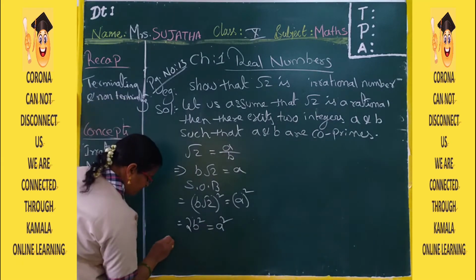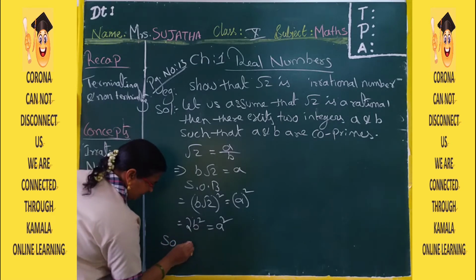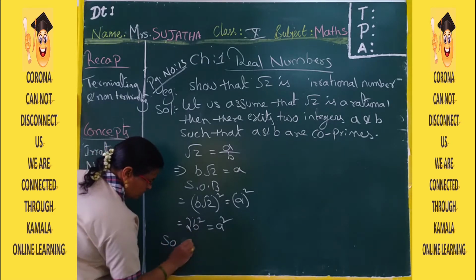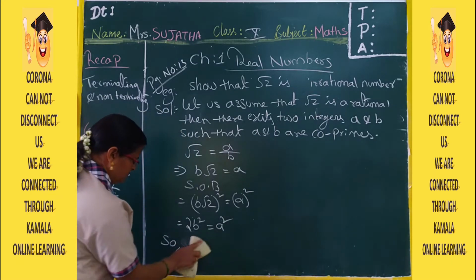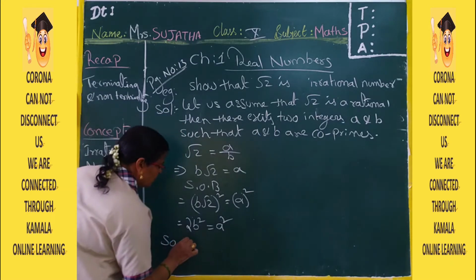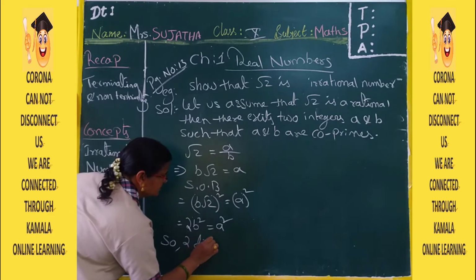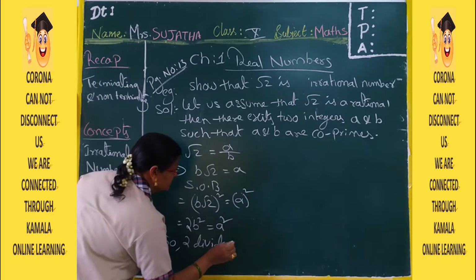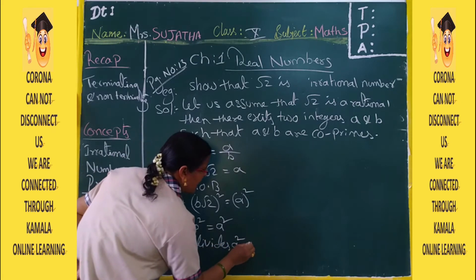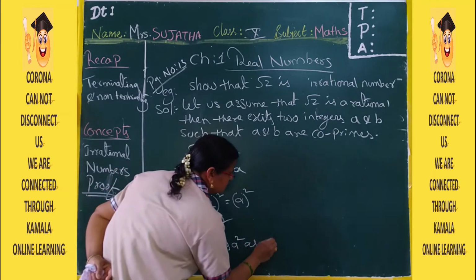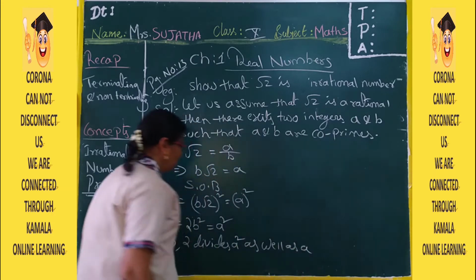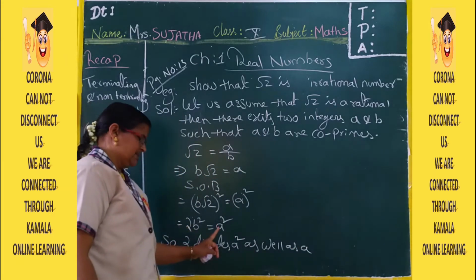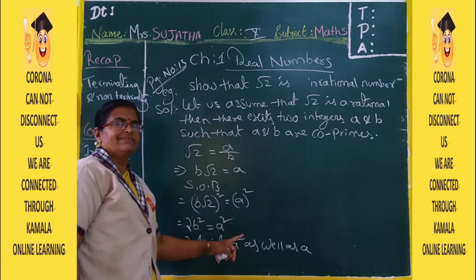So 2 divides a square as well as a. 2 divides a square as well as a.